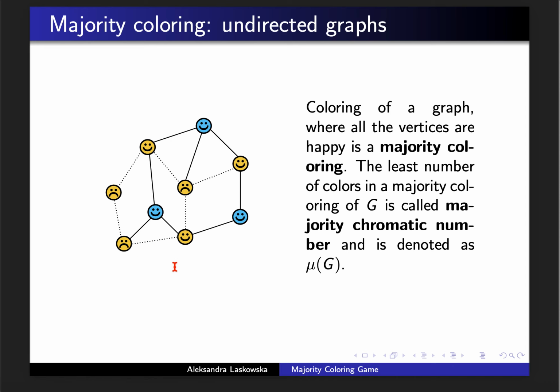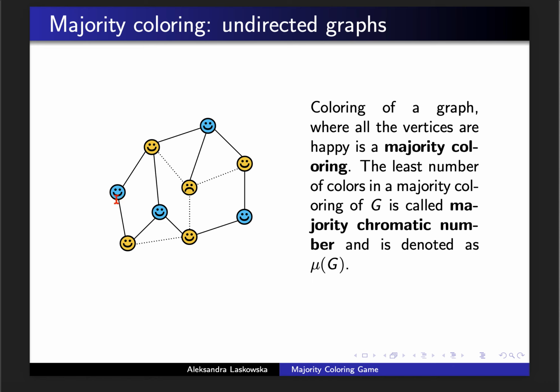So to fix the situation, we will color this little guy over here blue. And as we can see, it made him happy. And this one over here also is happy because now it has 2 out of 3 incident edges that are good ones. But let's check over here that there is still some sad vertex.